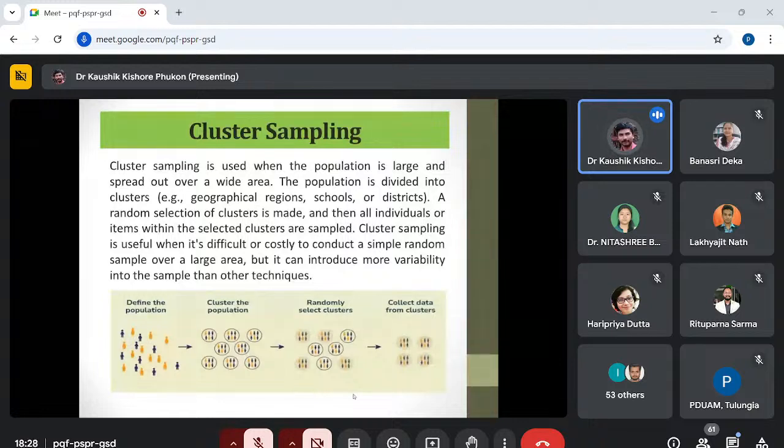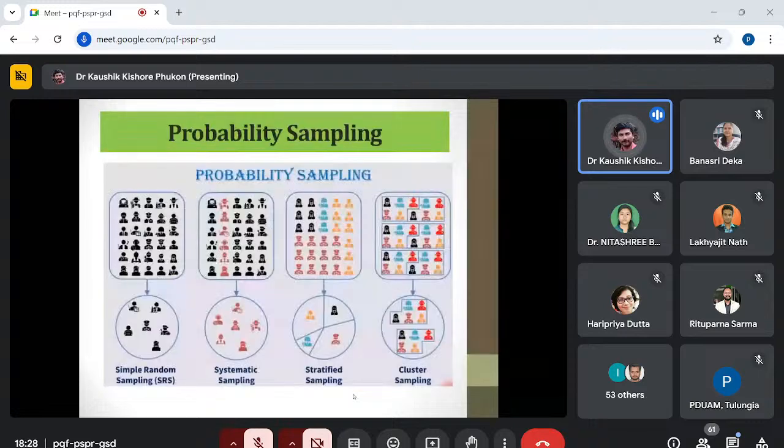So I am listing here 4 types of probability sampling. In simple random sampling, individuals are there, you make selection randomly. Next, systematic sampling, some criteria is there, and based on that criteria you select individuals. Then stratified sampling, you divide into strata, proportional or disproportional.